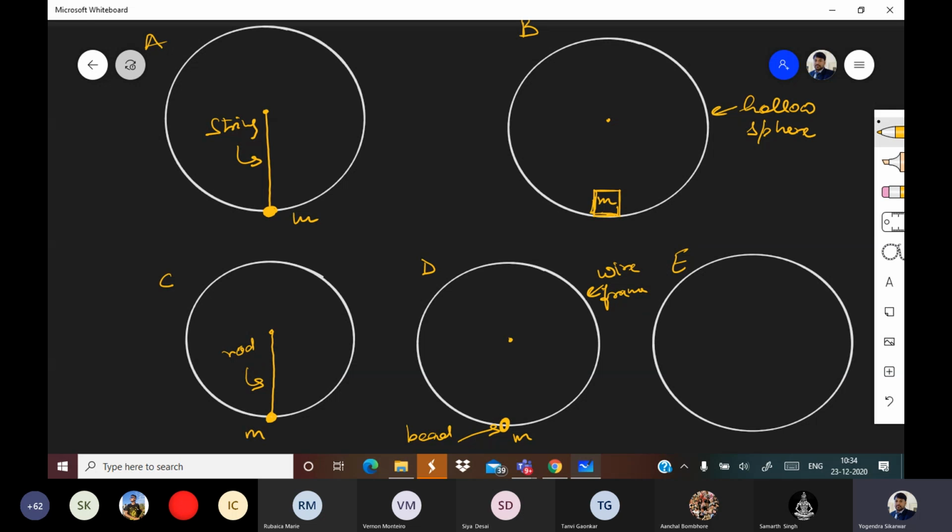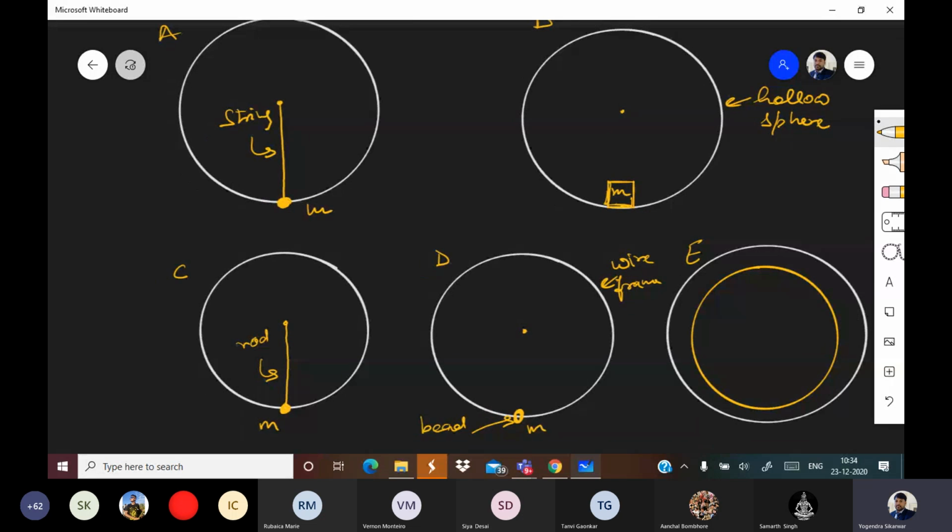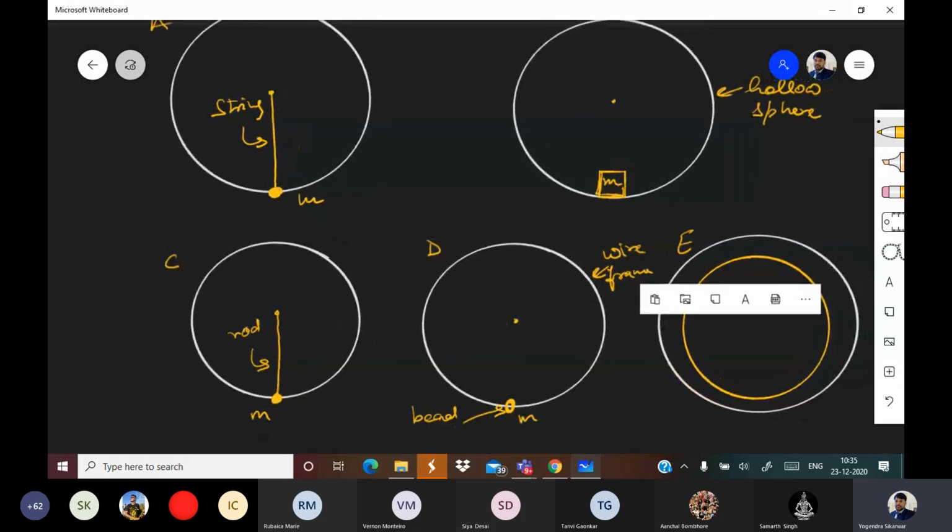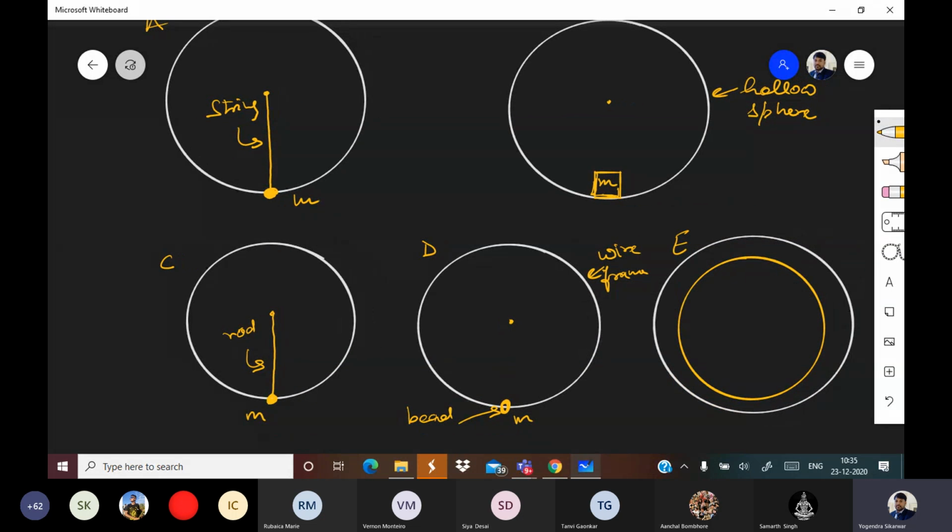In E part, actually we need to create one more circle. Consider both as circular. If you are finding that it is not perfectly circle, it's fine.